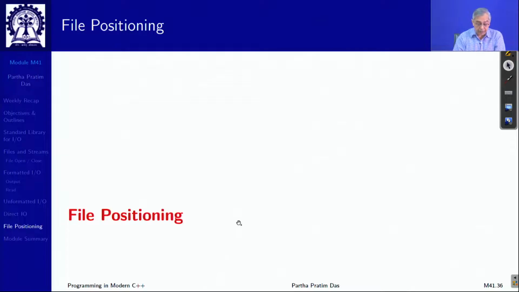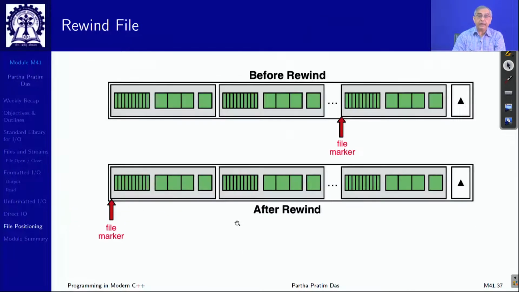Naturally, for using the plus mode, the update mode, you need to reposition the marker. It is possible that you have done some task and you can reposition, and there are certain functions to do that. You can rewind, which will bring the file marker from wherever it was to the beginning of the file.